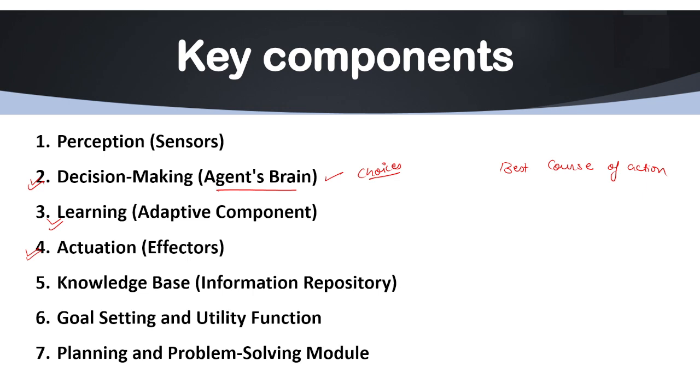The effectors are the mechanisms by which the agent interacts with and influences its environment. As its name implies, its purpose is to carry out the chosen action to achieve the desired outcome.